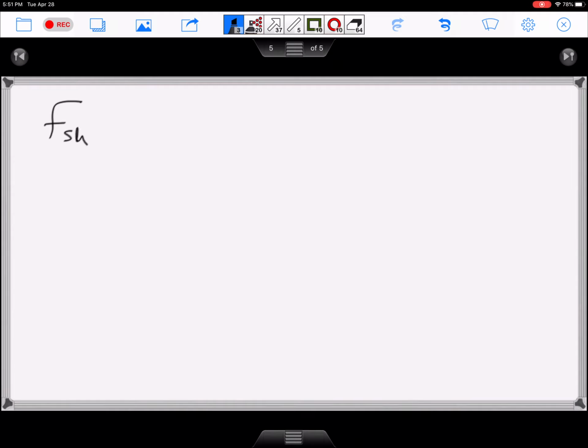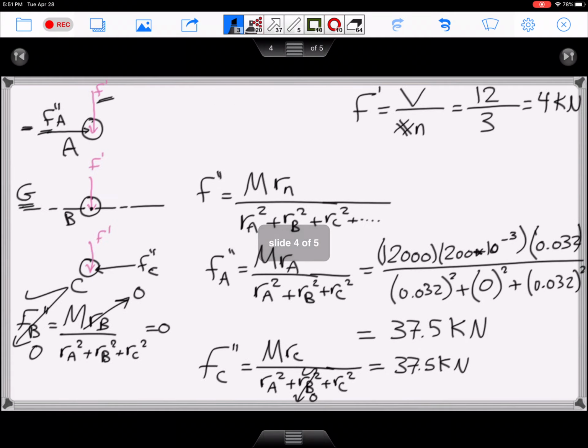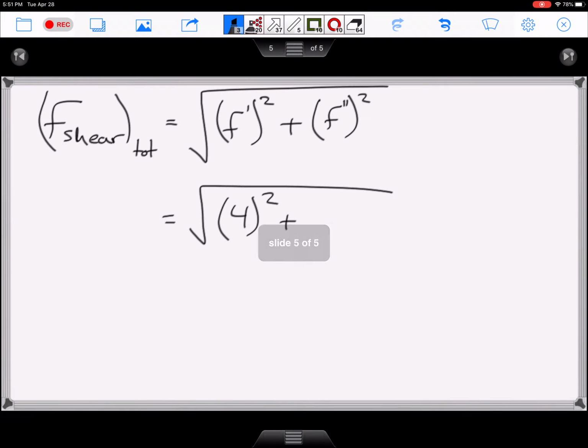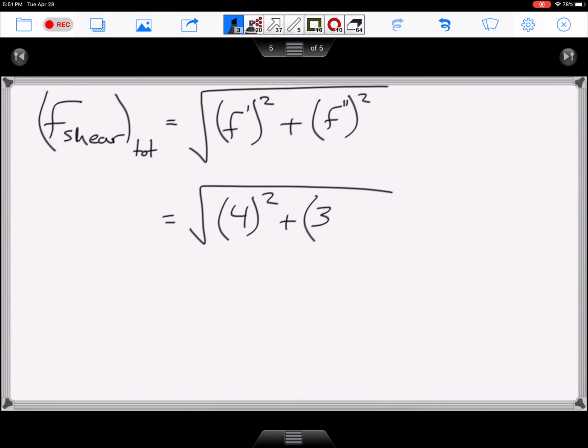Let's call this the total shear force. It's going to be the square root, because we're finding the resultant, of F prime squared plus F secondary shear squared. We found F prime to be 4 kilonewtons, squared, and F double prime to be, I believe, 37.5 squared.